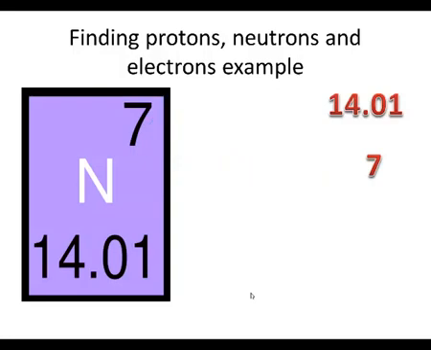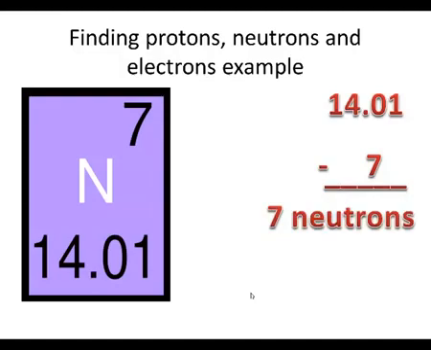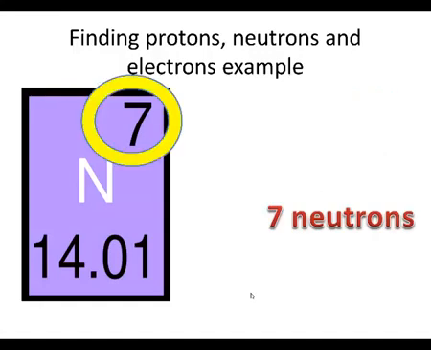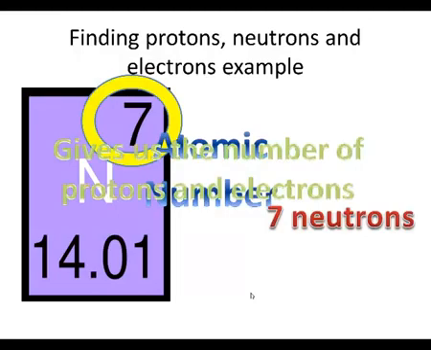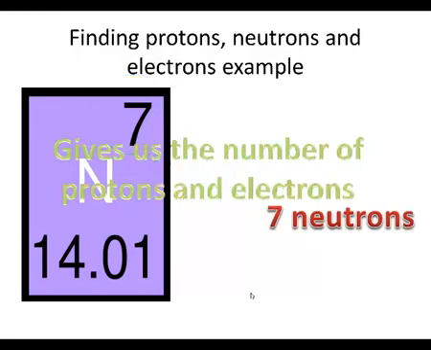So I take the atomic mass and I subtract the atomic number from it, and that gives me 7 neutrons. We rounded that 14.01 back to 14 before we subtracted, giving us 7 neutrons. Remember, the atomic number gives us the number of protons and electrons.